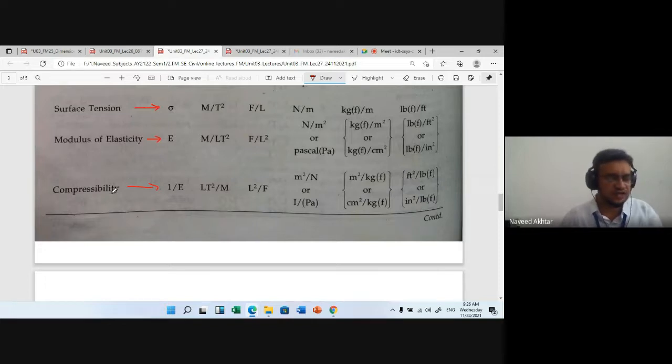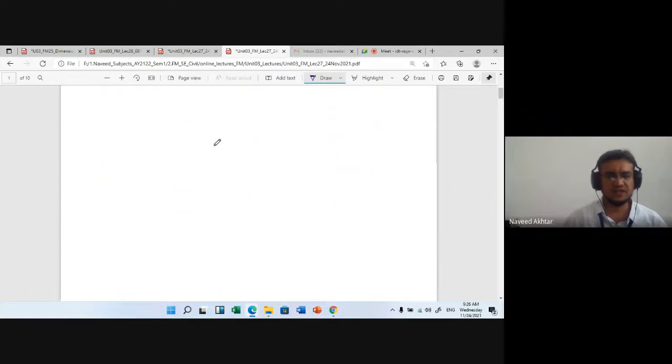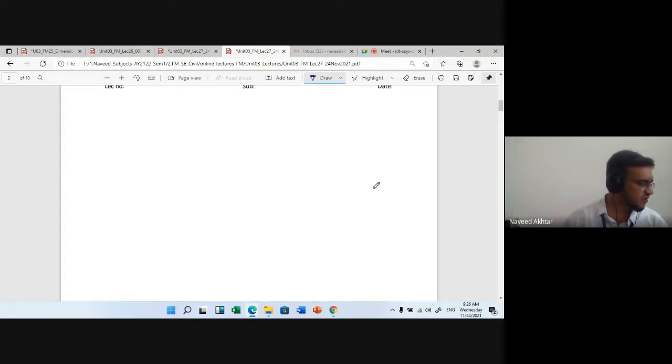So these are some dimensional units that we need for the study of dimensional analysis and for the study of fluid flow problems. So we have seen these basic dimensions and some of the terms we need.